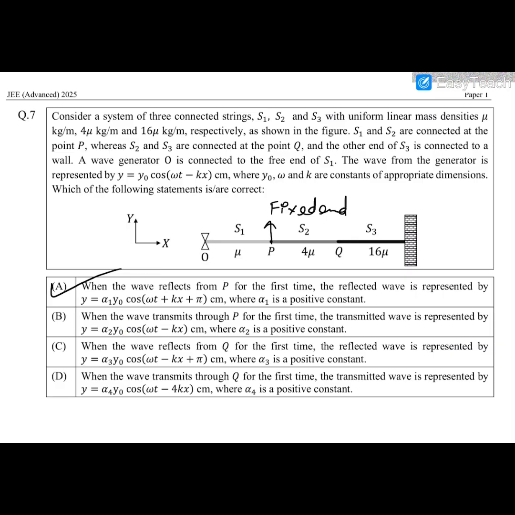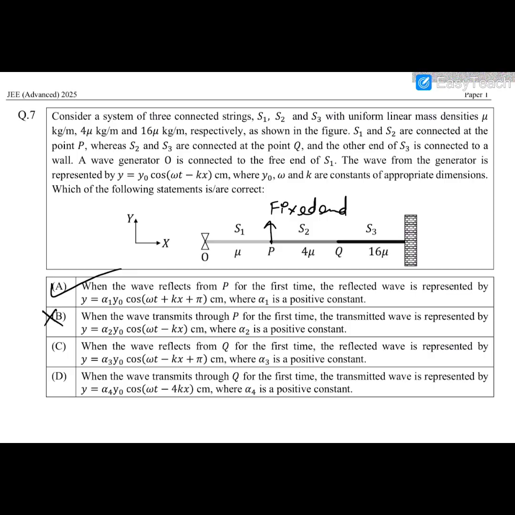But the transmitted wave is traveling in a denser medium, so k would change. So this wave could not be the correct one, because incident wave and transmitted wave could not have the same k.